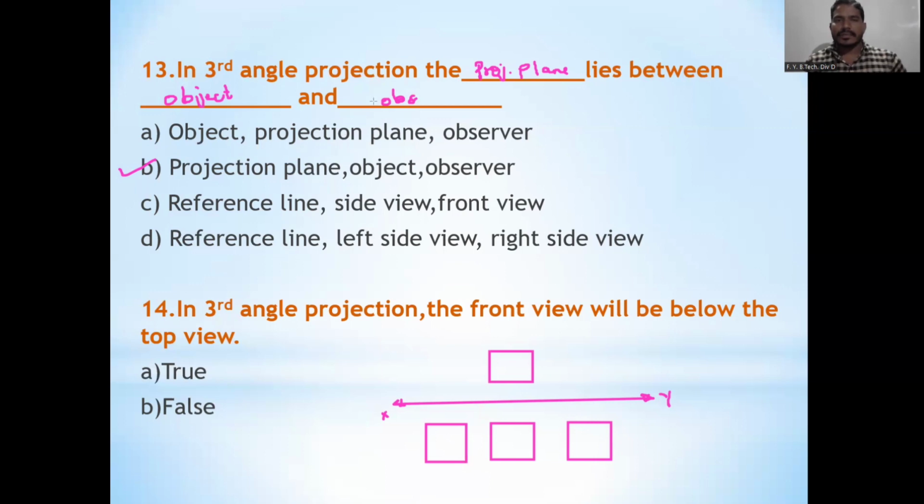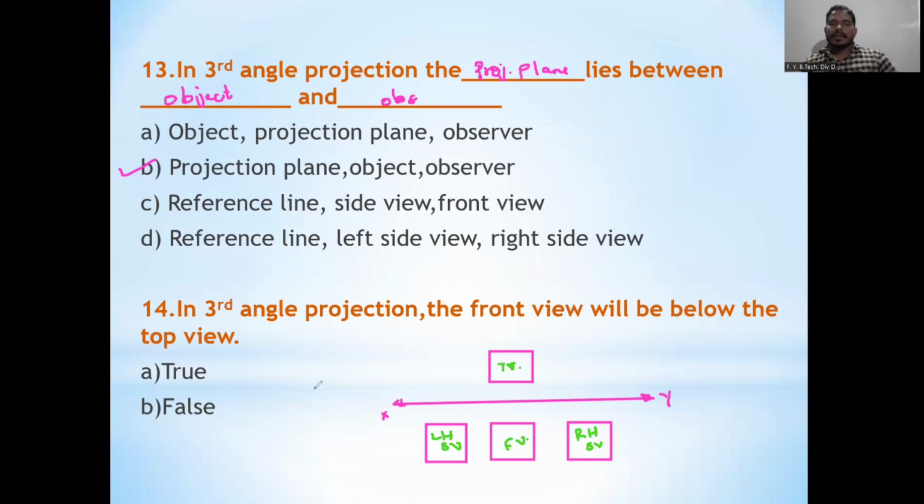So views will be like this in the third angle method of projection. This will be the top view, this the front view, this the right hand side view, and this is the left hand side view.